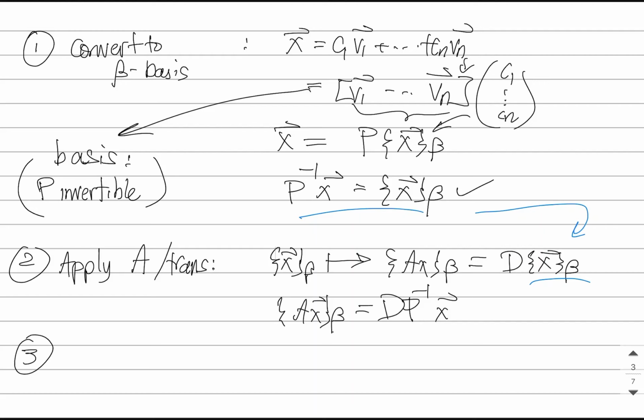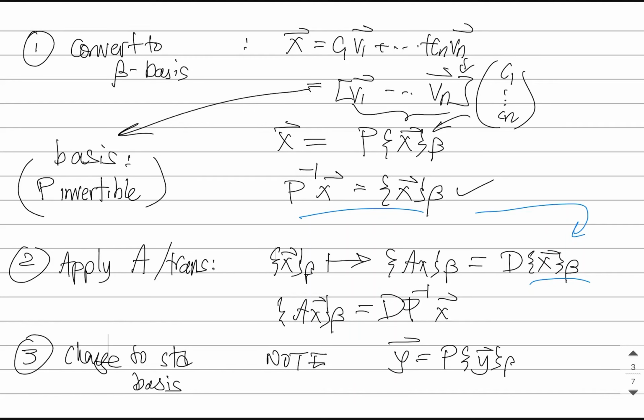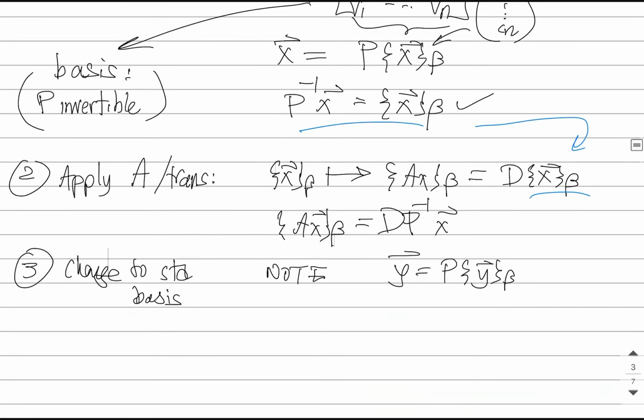And then that third stage going down, I want to change to standard basis. Now here's a little note, right? Above, we said that if you have some vector, this is how it connects to its coordinate representation.